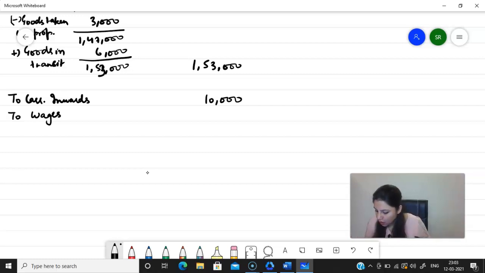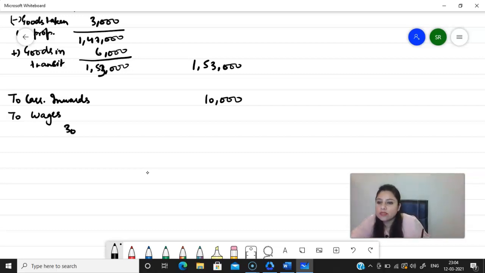Such wages expenses have been recorded in the ledger balances. Apart from such ledger balance of the wages account, we also have outstanding wages amounting to rupees 4,000, which has not been accounted for in the ledger account, but we have this additional information available with us.